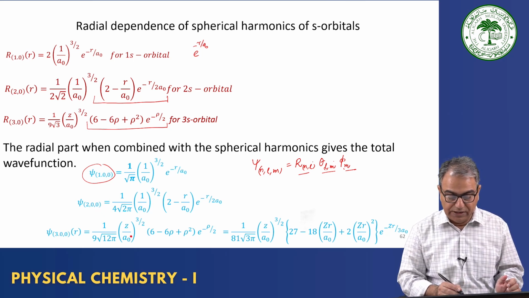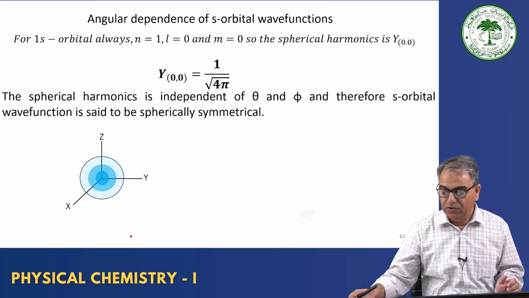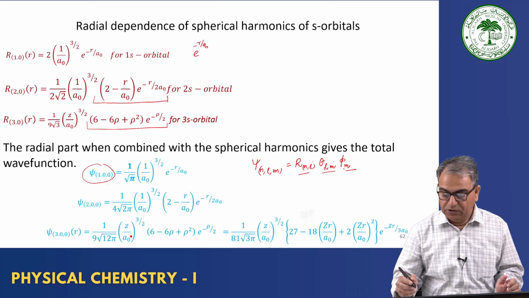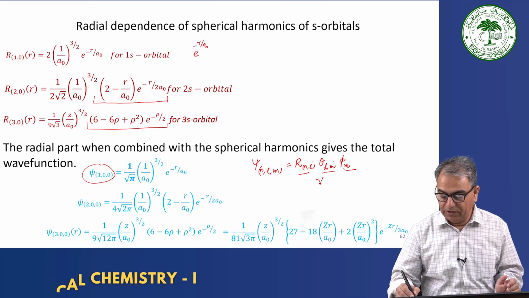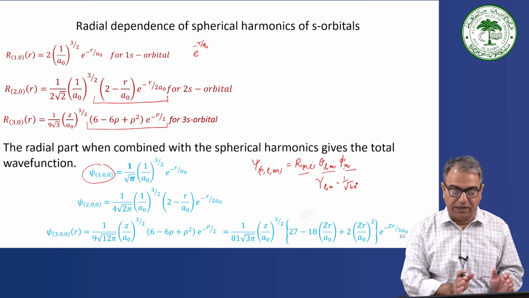If you look at the combination, the only spherical harmonics we have for these is 1 over root under 4 pi. So this Y l m for all these functions is 1 over root under 4 pi. What will be the change? The change will be in the constant part only.